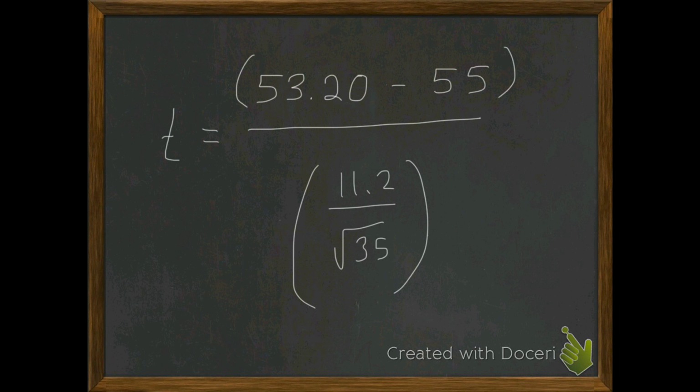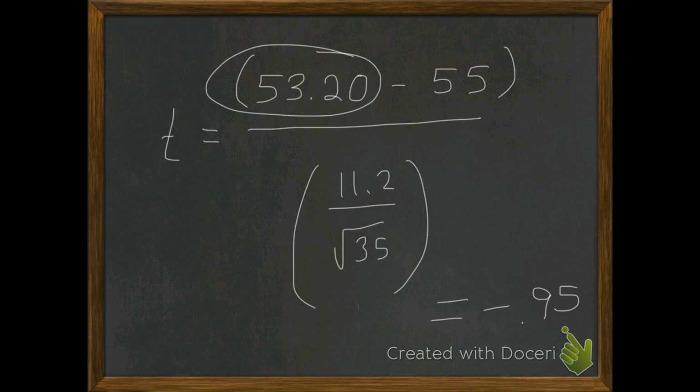Now, I haven't left you. All I'm doing is grabbing my calculator and doing some calculations here. So this gives me negative 0.95. So that tells me that the sample mean of 53.20, which had a t-value in the mean of 50 of 1.69, now has a t-critical of negative 0.95.